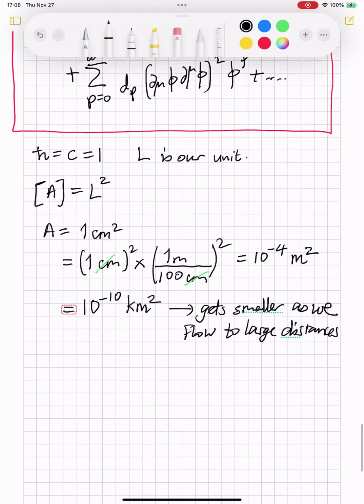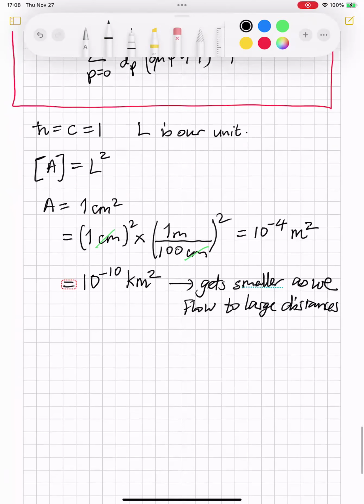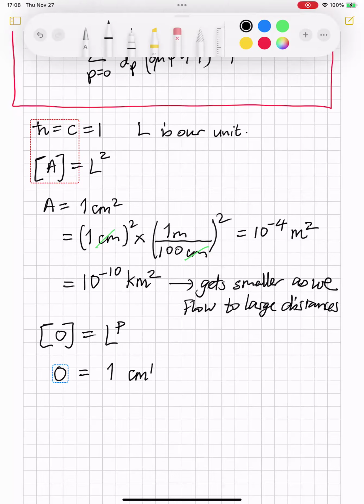Now I've illustrated it very concretely here with area, which is a length squared. Let's try to introduce a bit of generality. So let's say we've got some observable O that we're interested in. And let's imagine that O has dimensions of L to the P. And for now, we'll leave P completely unspecified. So we'll say O is equal to 1 centimeter to the P. And now let's do exactly what we did above.